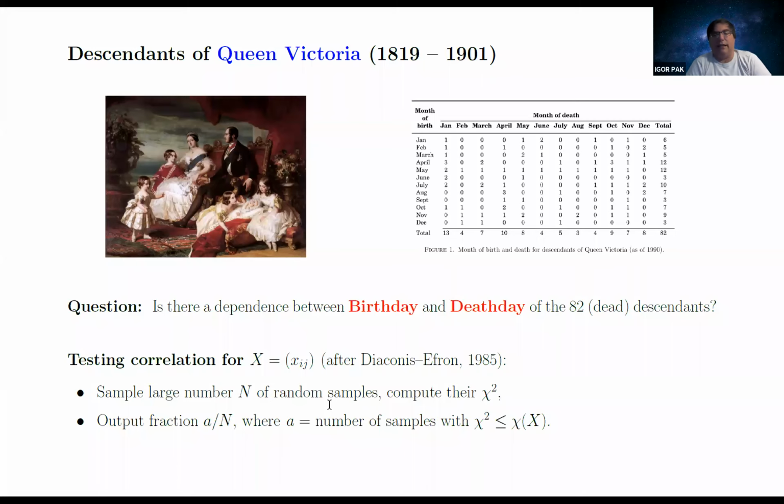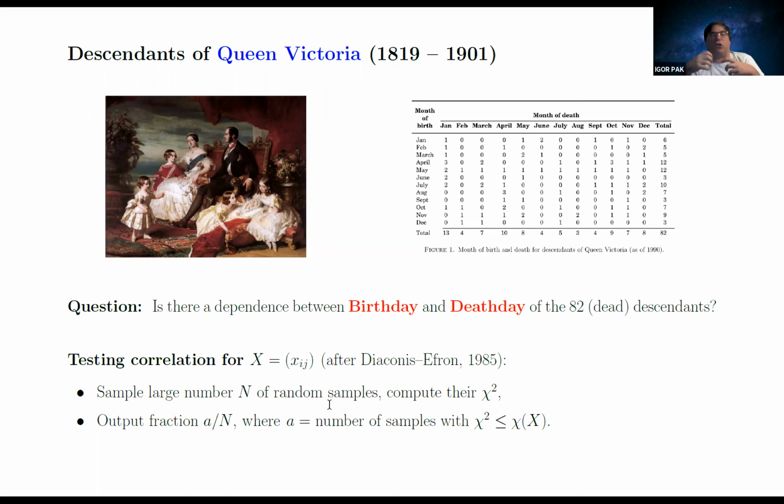to test the independence, and the way it works is the following. You take a really large number of contingency tables, and then output the fraction of them which has chi-square that's less than the chi-square for the table that you have. You see?